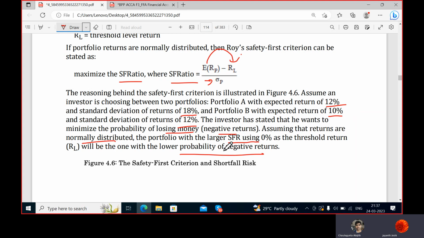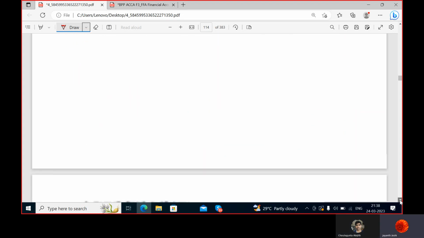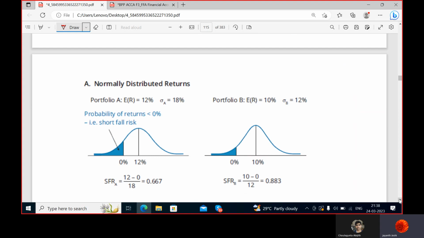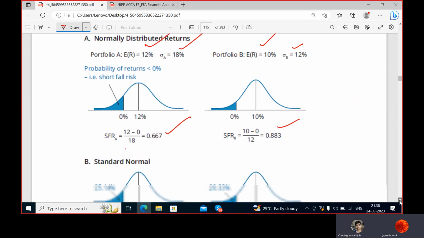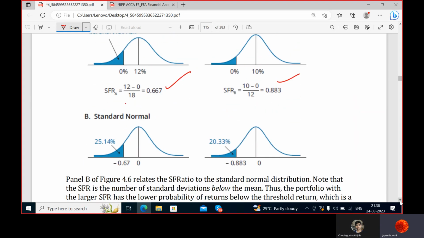That means a higher SFR ratio will minimize the probability of negative returns, correct? So we take both sets of data: expected return and standard deviation for each. We put them in the formula, we get the Roy safety first ratio, and now what is the conclusion we make here?